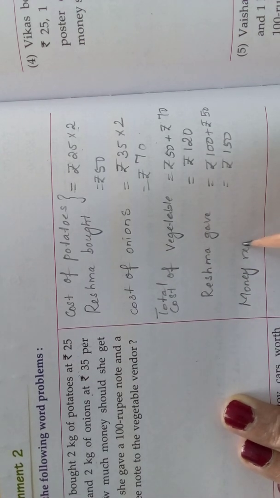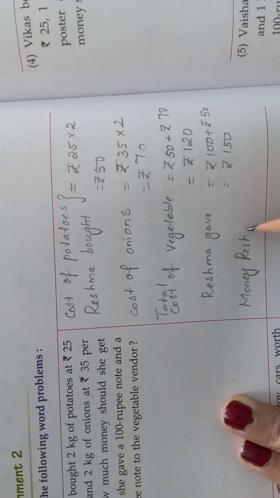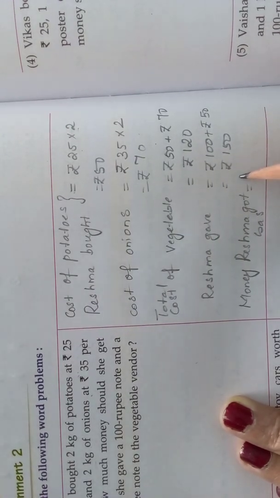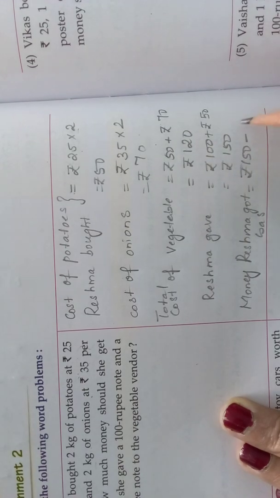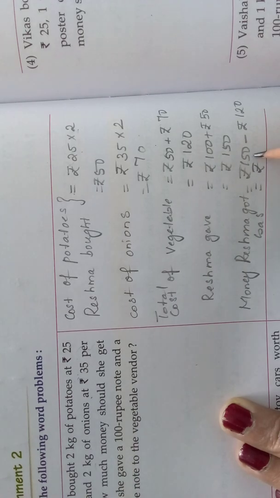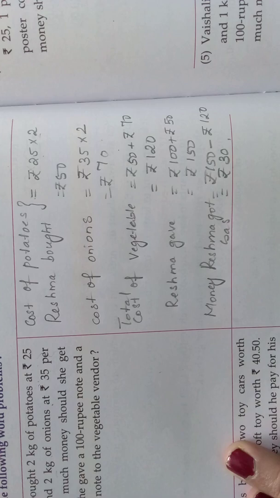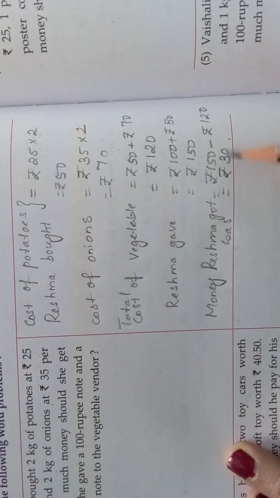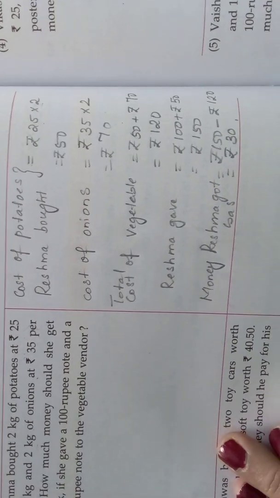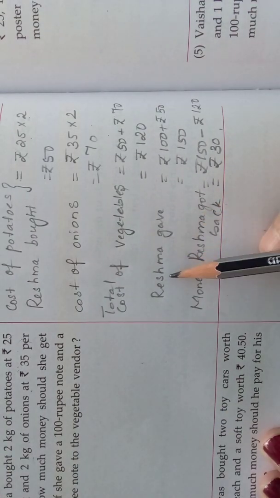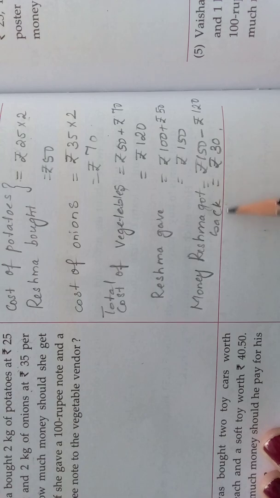Money Reshma got back is equal to rupees 150 minus rupees 120 is equal to rupees how much? 30 rupees. Understood, children? So this is the amount Reshma got back from the vegetable vendor. So money Reshma got back is rupees 30.